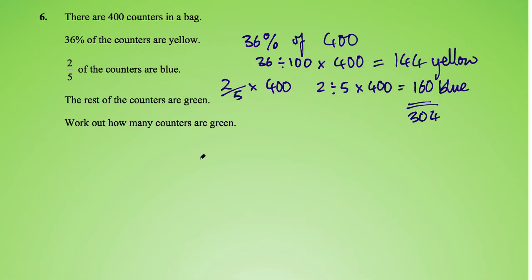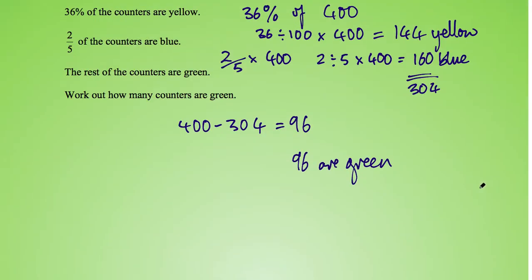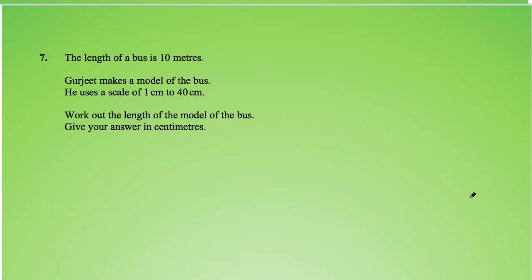And the rest of them are green, so 400 minus 304 is 96. And so your answer is 96 are green. I'll put that on the answer line down here. Just check that it all adds up back up to 400 before moving on.